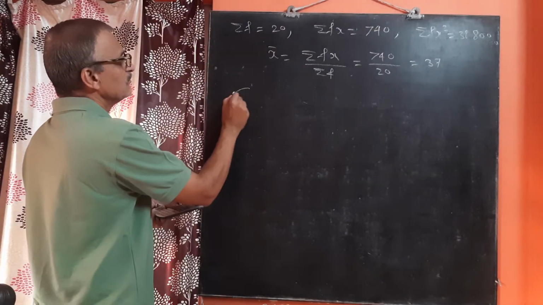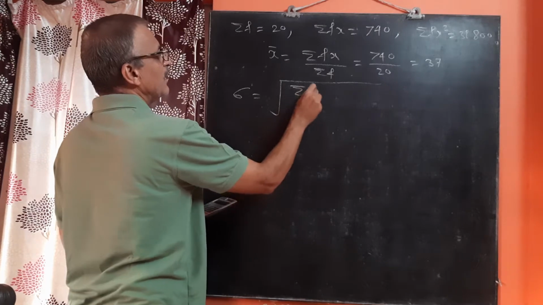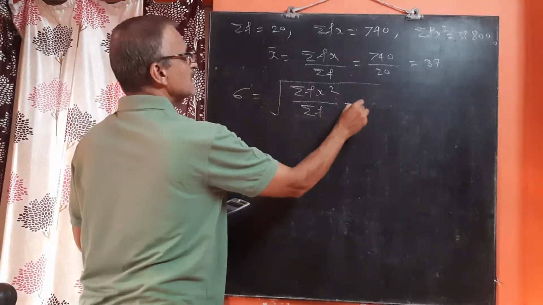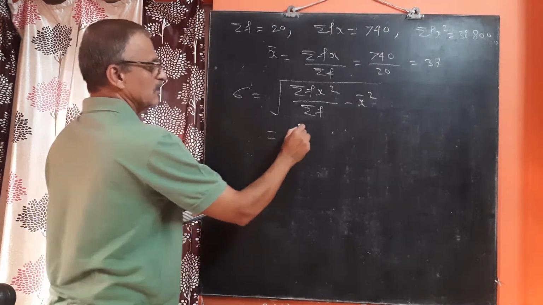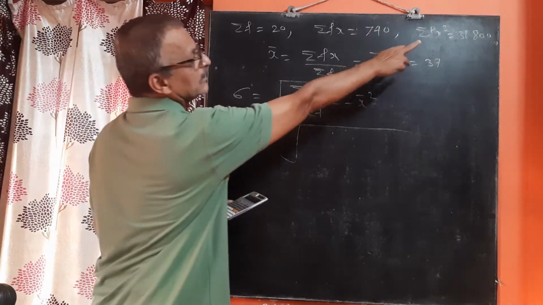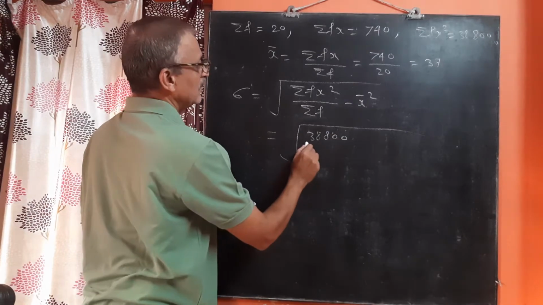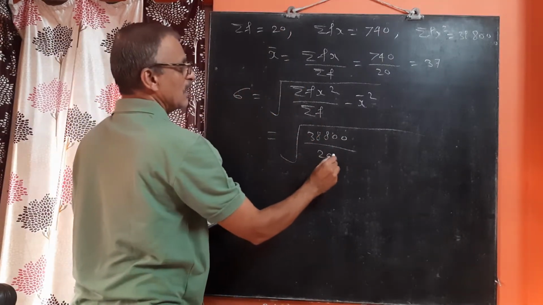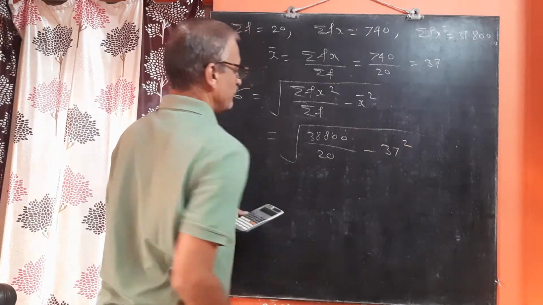Then sigma equals the square root of summation of fx square divided by summation of f, minus x bar square, which is equal to the square root of summation of fx square value, that is 38,800, divided by summation of f, which is 20, minus x bar square, that means 37 square.